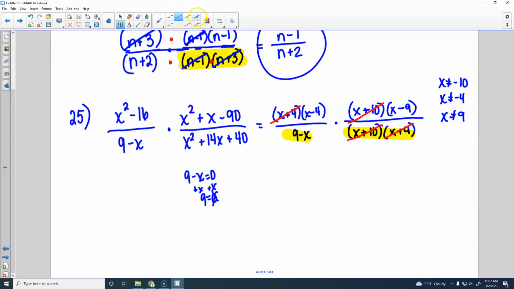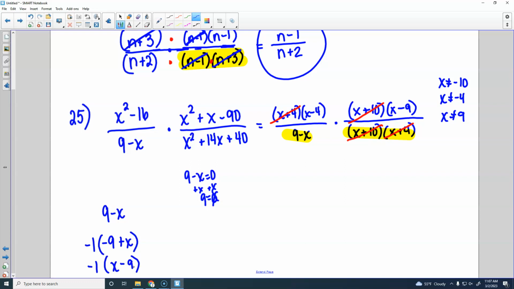And that way is that we can factor out a negative 1. So if I take 9 minus x and I factor out a negative 1, it is just going to change the sign of both of those terms. I'll have a negative 9 and a positive x. Is it okay for me to turn this around and write it as x minus 9?